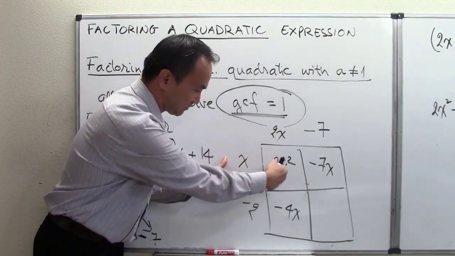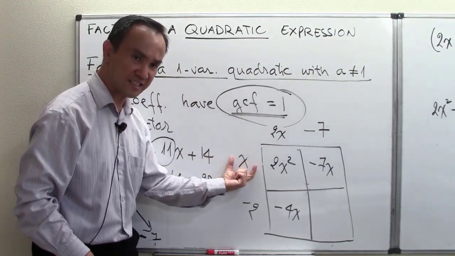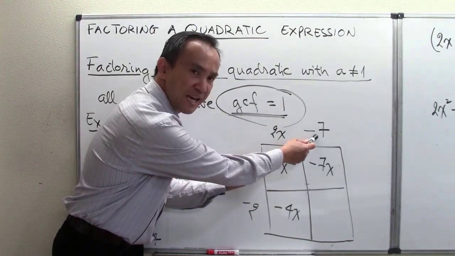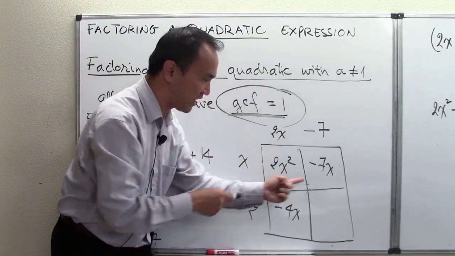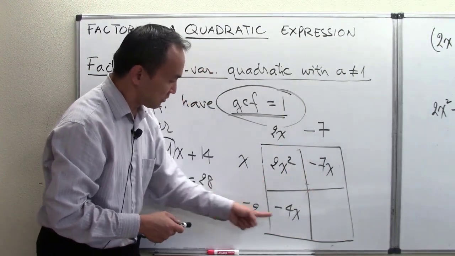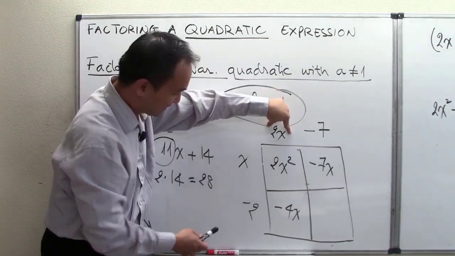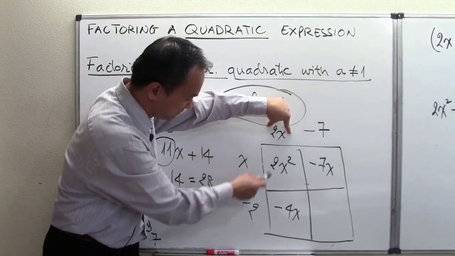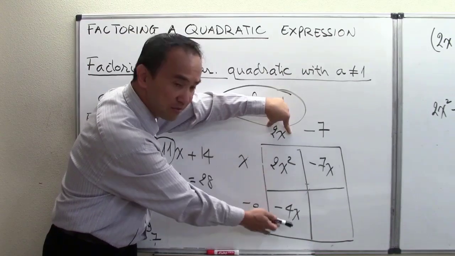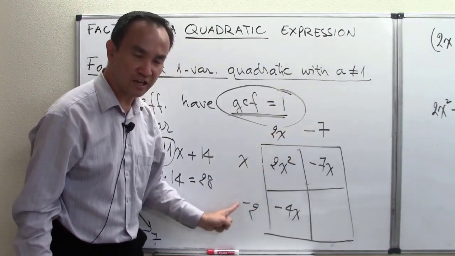And with the x that we found right here, for this entry it has to be negative 7 being the other factor multiplying with x to give me the product negative 7x. And then think about the minus 4x right here. I put the 2x here already. So, the other factor has to be minus 2, so that minus 2 times 2x gives me minus 4x. And that's how I laid down these entries outside of my table.